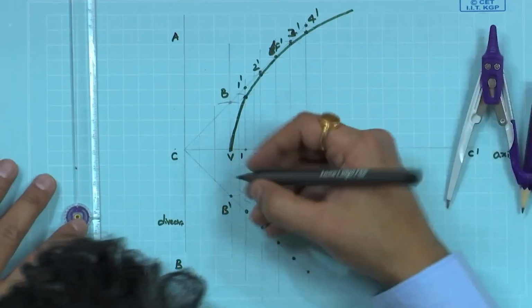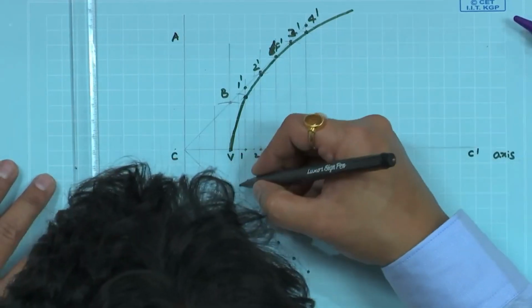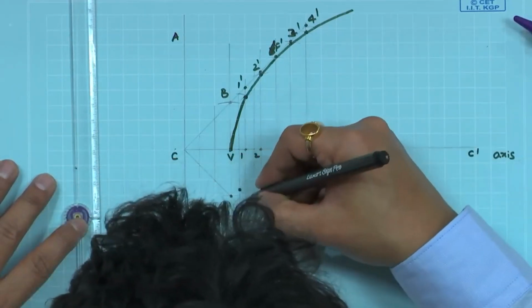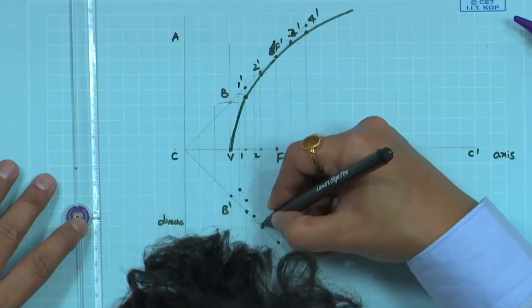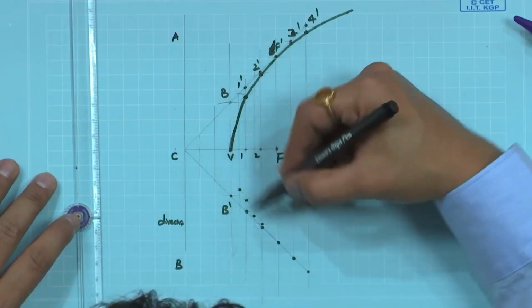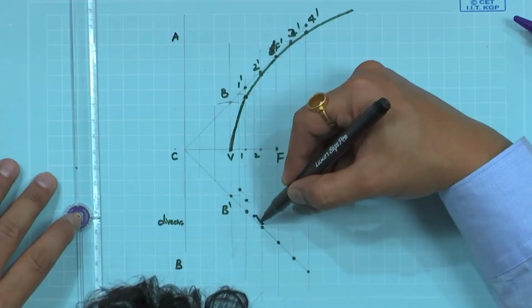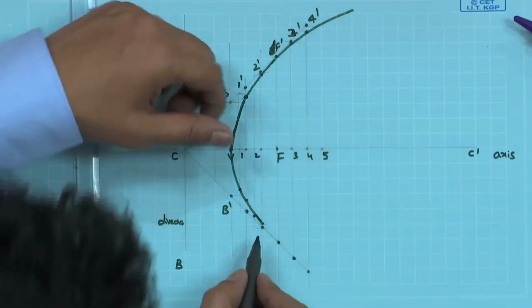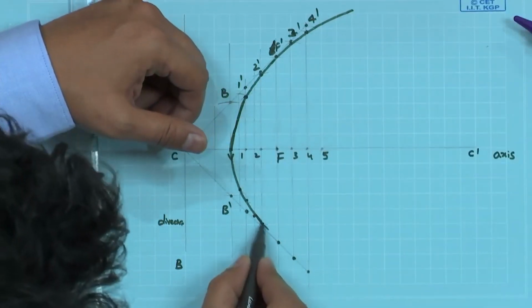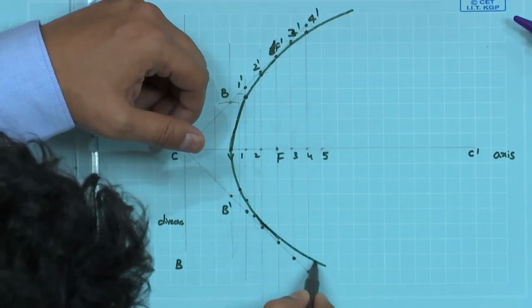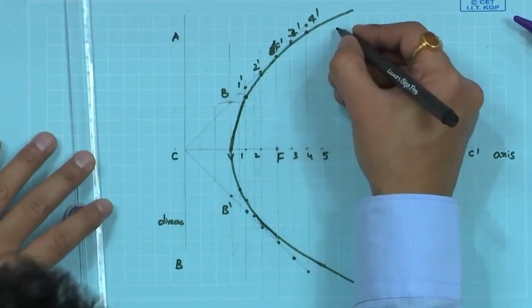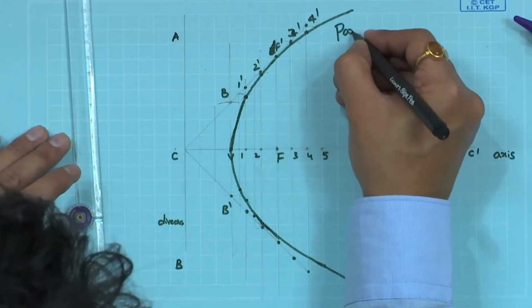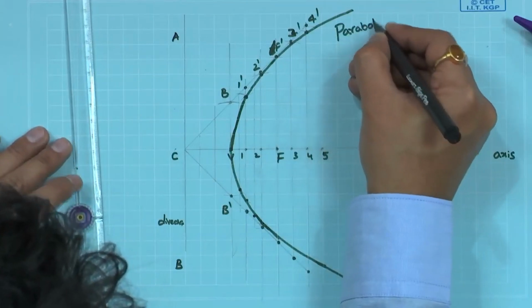So we have these intersection points somewhere there, there, there and there; join a freehand curve. It goes in that direction, and this is the way we construct a parabola.